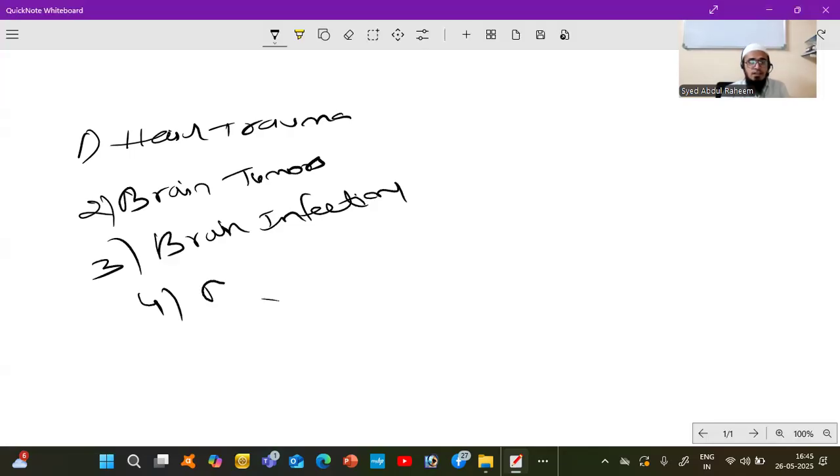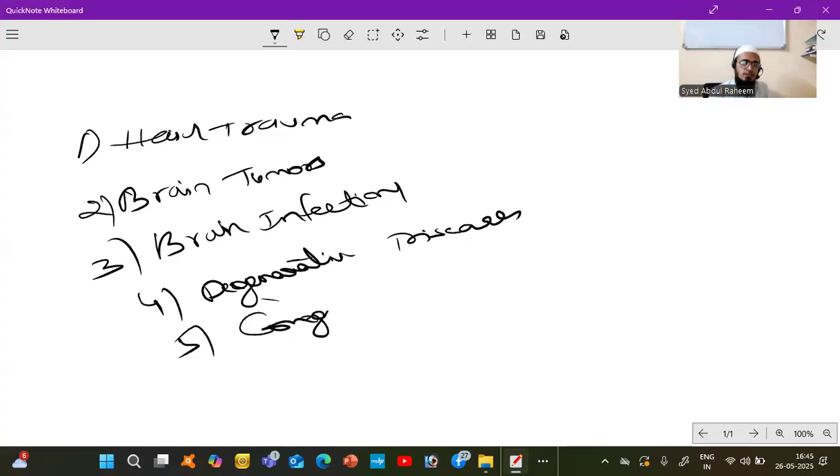or degenerative diseases, and the fifth one is congenital, by-birth diseases.